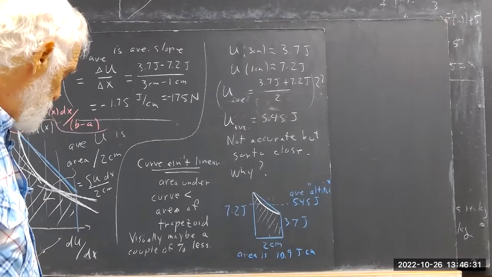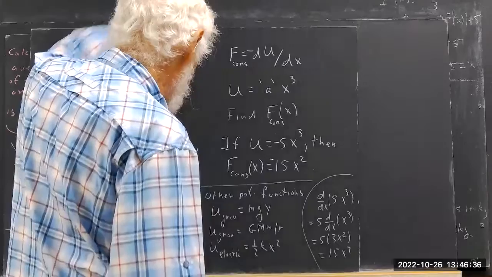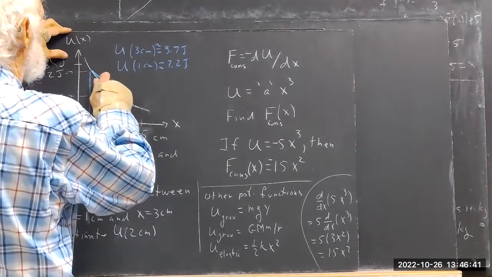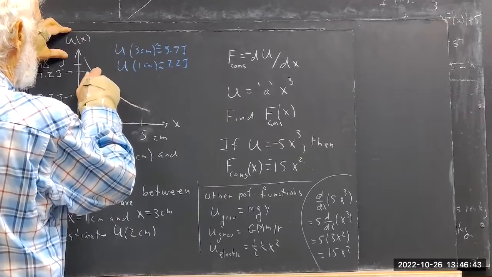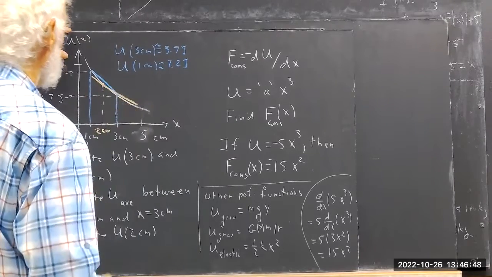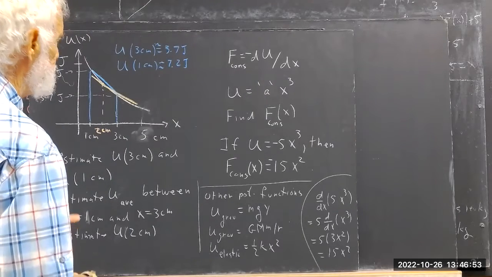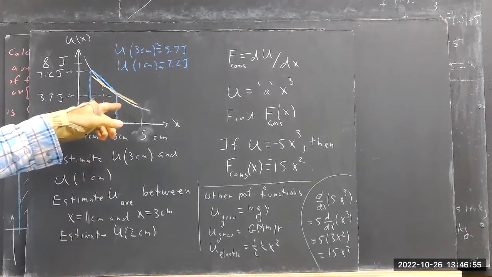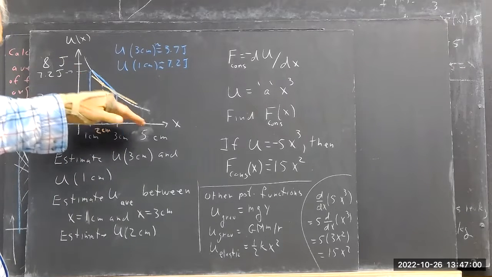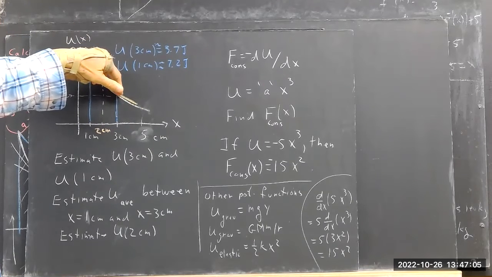Now you get the instantaneous force by estimating the instantaneous force by sketching a tangent line here. Not a particularly straight tangent line. It's supposed to be below the curve. So it's a really miserable tangent line. But I was trying to illustrate the tangent line has a little less slope than the straight line approximation.